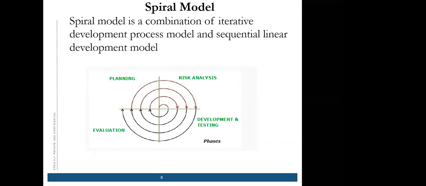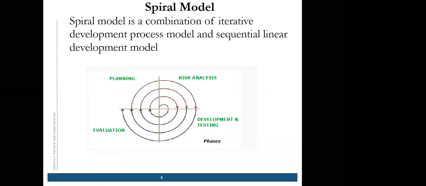The phases undergone in the spiral model are, first, the planning phase, where requirement gathering, cost estimation, and resource allocation are done. The next phase, as I told you, is the risk analysis phase. Here, the strengths and weaknesses of the project are identified.